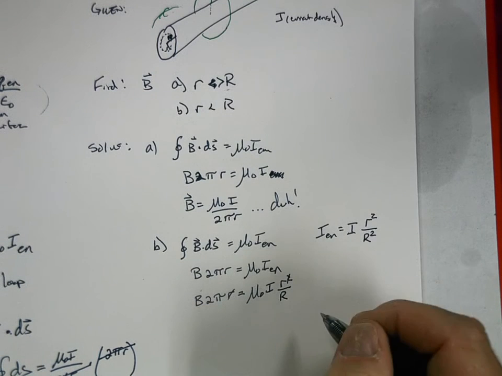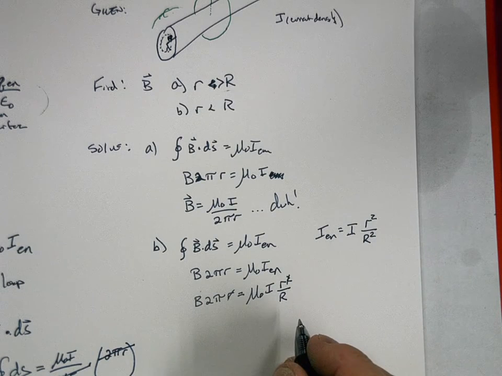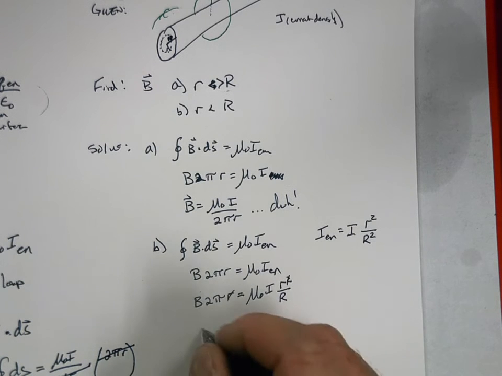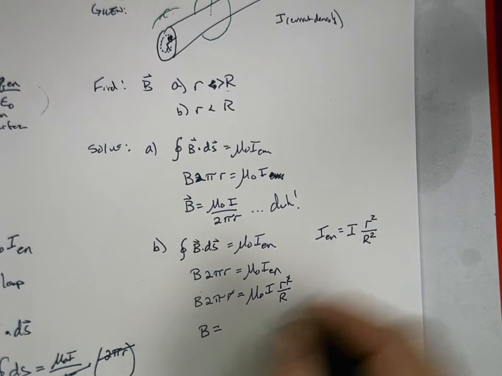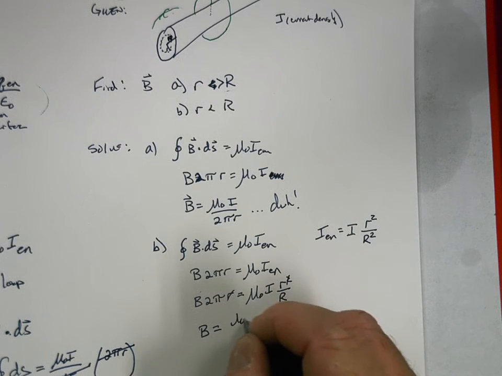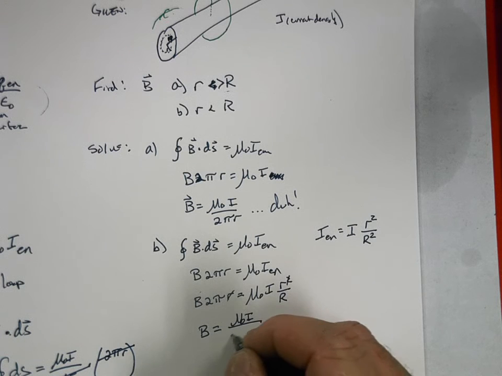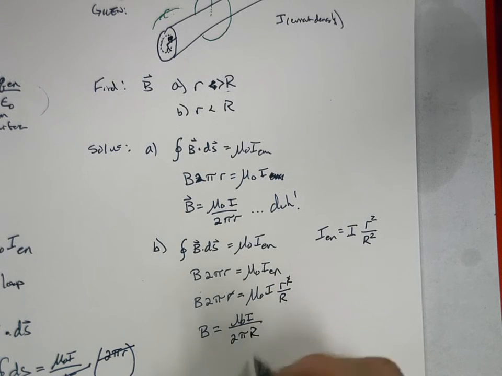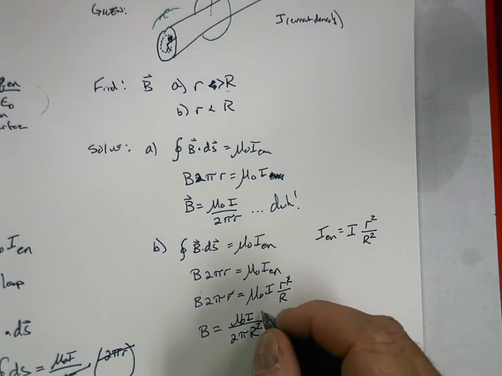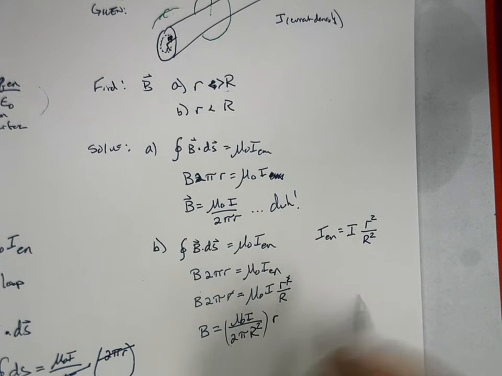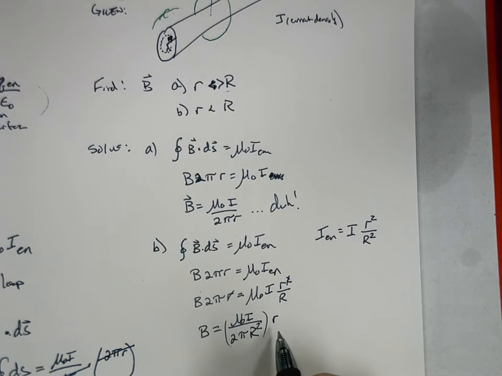We are left with our magnetic field equaling mu naught I over 2 pi R squared, which is the whole thing, times r. And so it is proportional to how far you are in the wire.